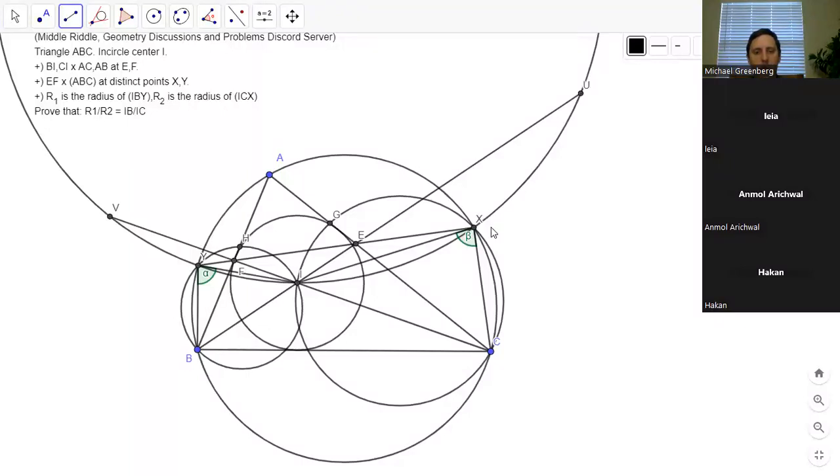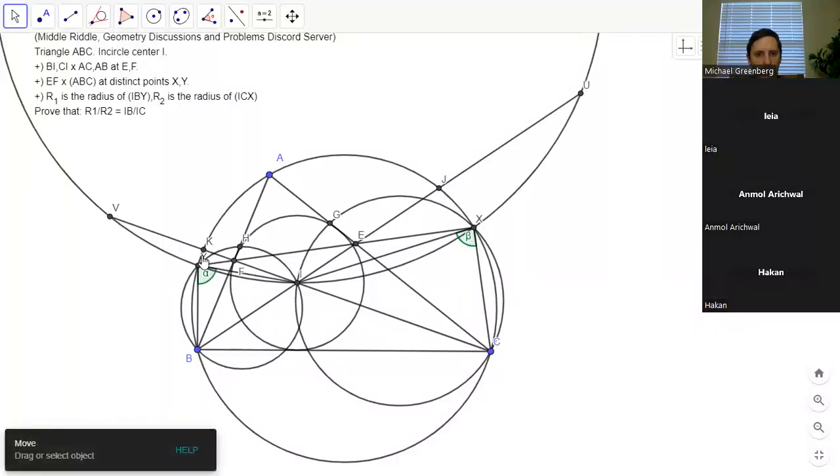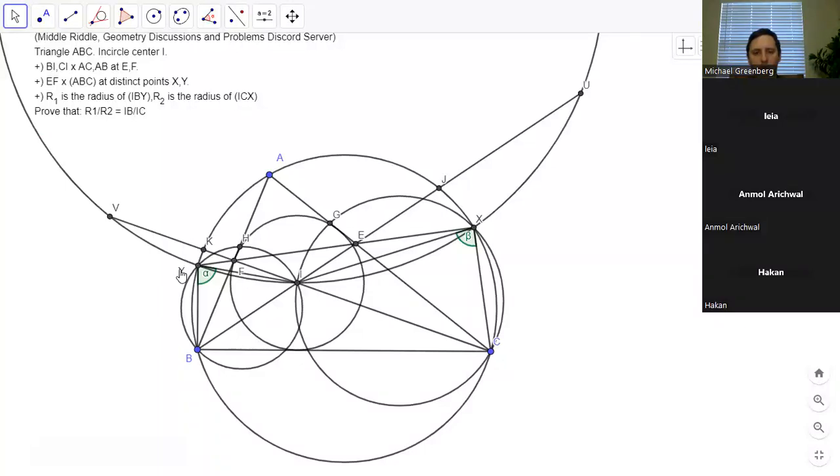Basically, by the incenter-excenter lemma, if we could show that XU equals, sorry, not XU. I want to draw these points too. If we could show that JA equals JU equals JI equals JC, that would prove it. So we have JU times JI.